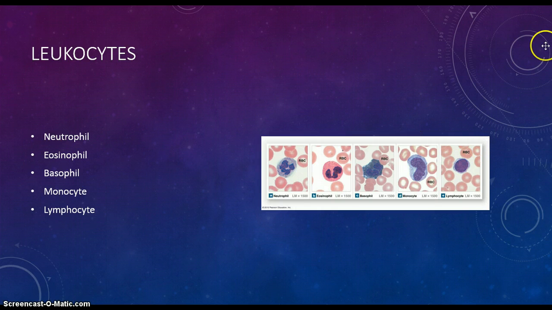Now looking at the agranulocytes, we have the monocytes. About 2 to 8% of your circulating white blood cells are monocytes, and they are a very aggressive phagocyte. They exist about 24 hours in circulation, and then they move to the tissues where they change their name to a macrophage.